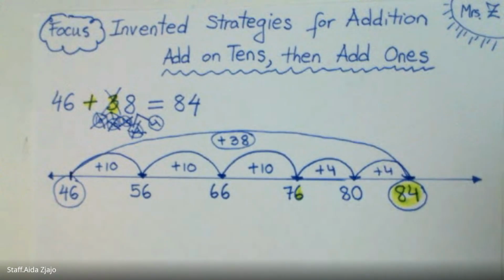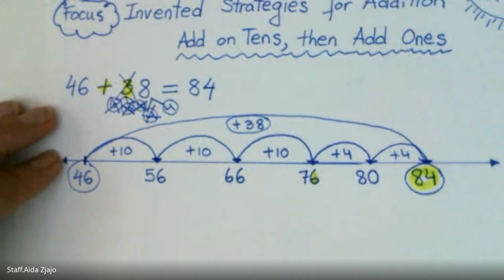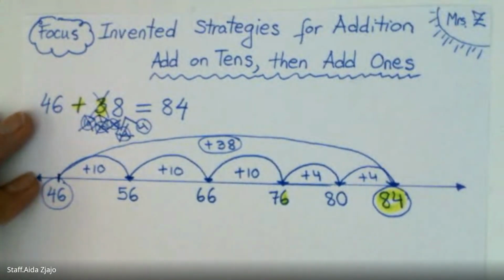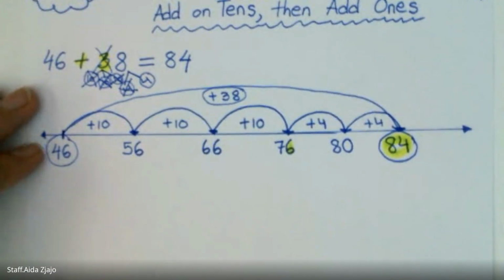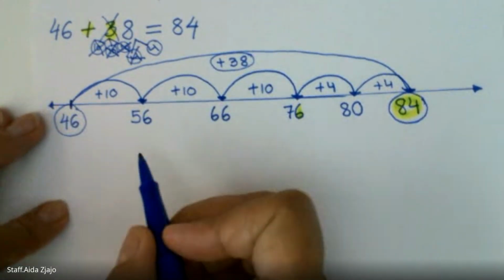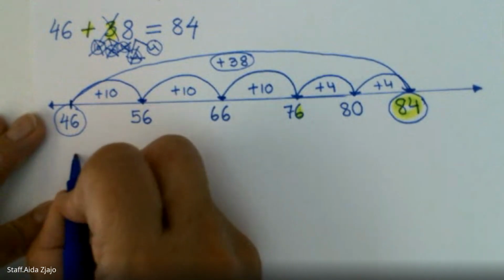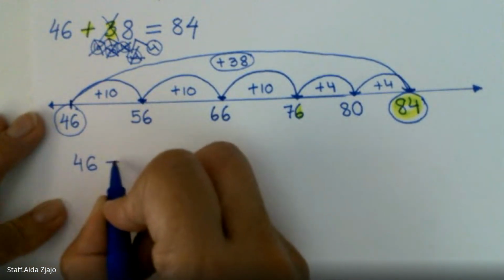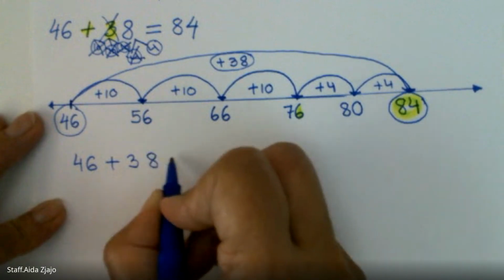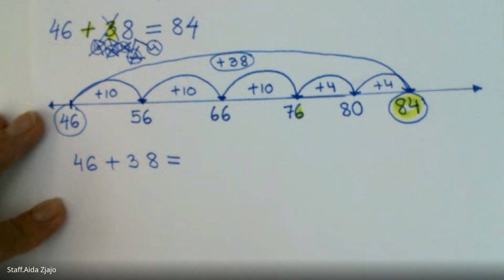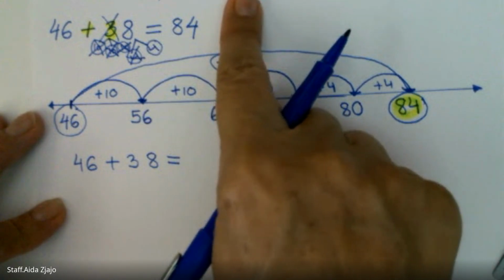If you like to use the same invented strategy and not use the number line, you can also do that as well. So let's move a little bit up. I'm taking the same strategy. If I have this problem, 46 plus 38, I can think: add tens.